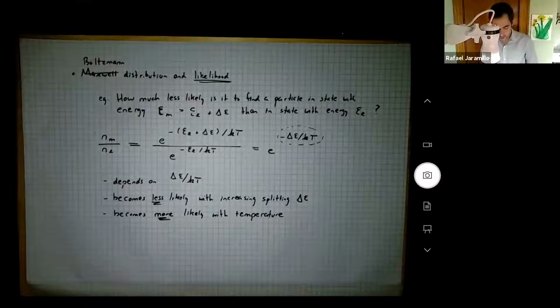Right. Okay. So you're going to explore this a little bit on the P set in the context of semiconductors.